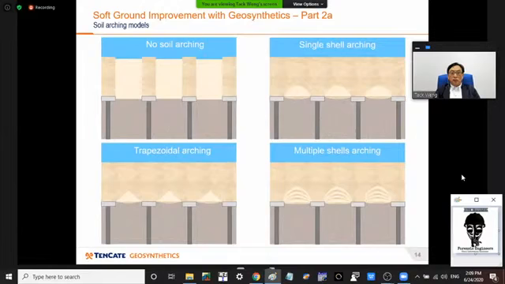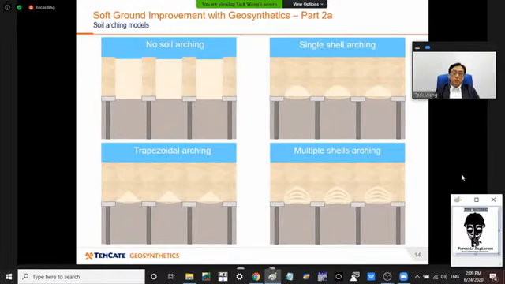Arching models. Soil arching happens when you have differential vertical stiffness in the ground. And there are a few arching models that I'd like to talk about.